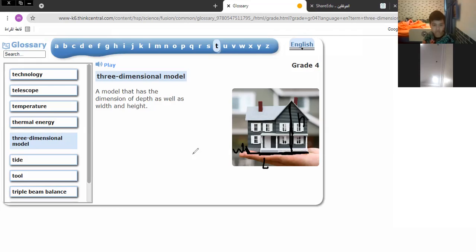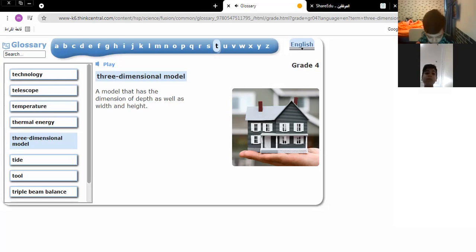Hope you understand it. So again, for a three-dimensional model, you need to write: a model that has the dimension of depth as well as width and height.